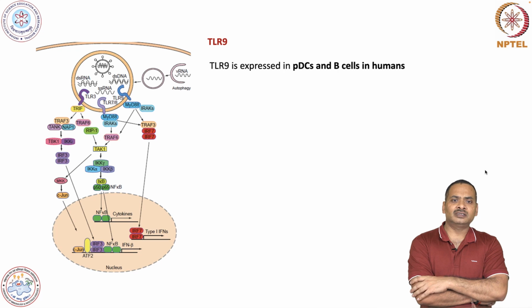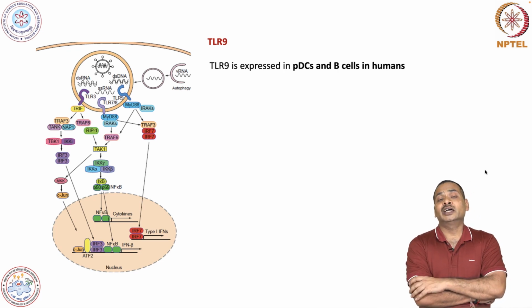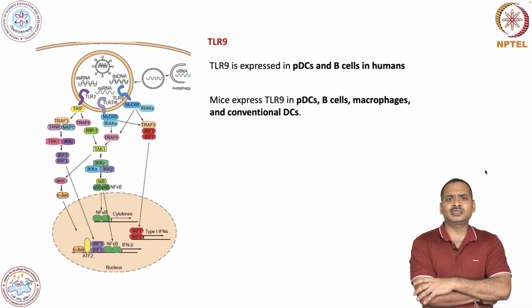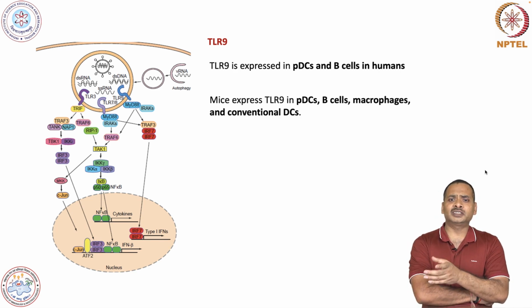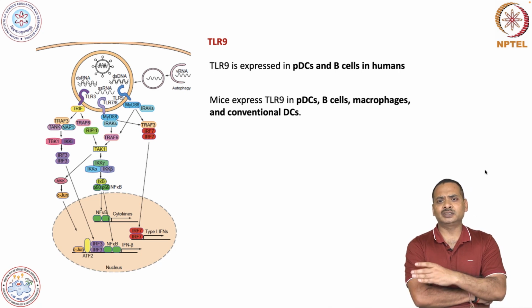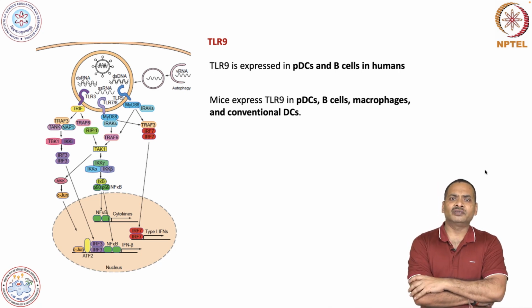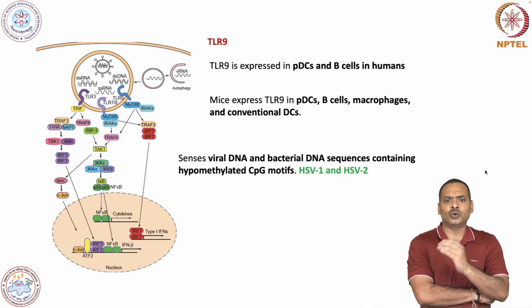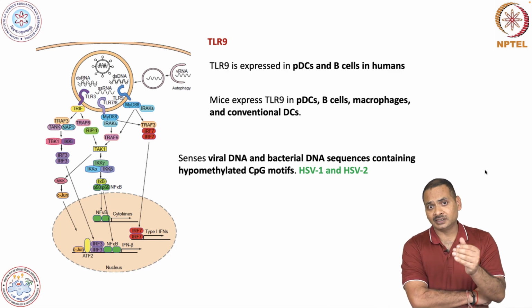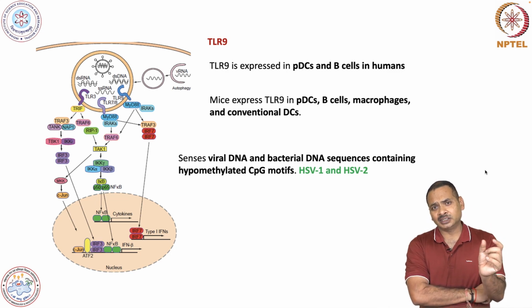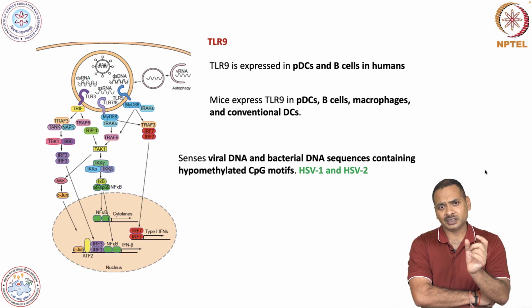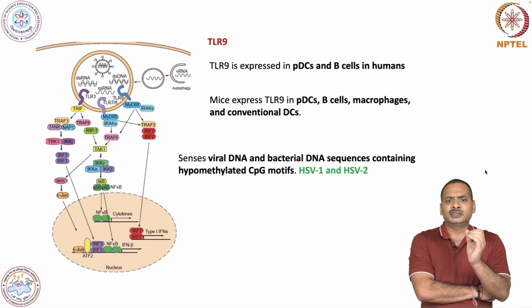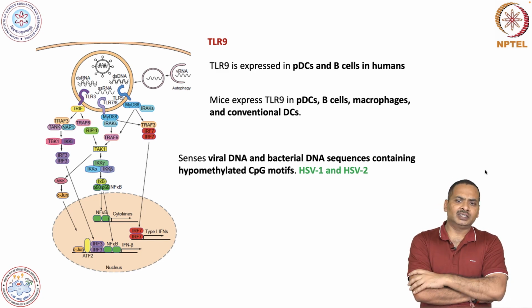There is TLR9. TLR9 is expressed in PDCs and B cells in humans, and mice express TLR9 in PDCs, B cells, macrophages and conventional DCs, and it senses viral DNA and bacterial DNA.